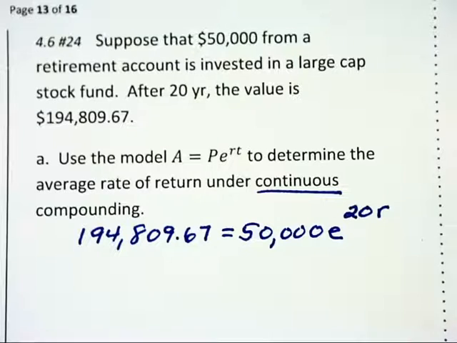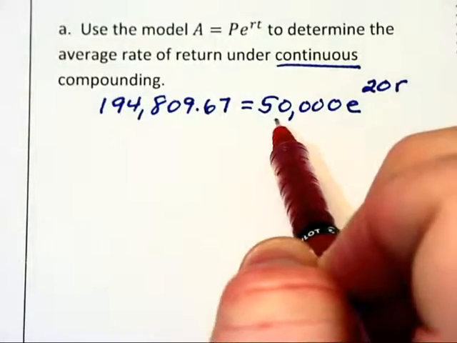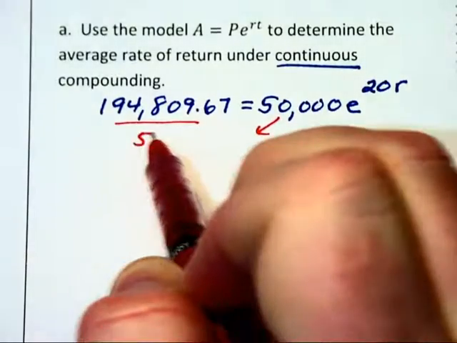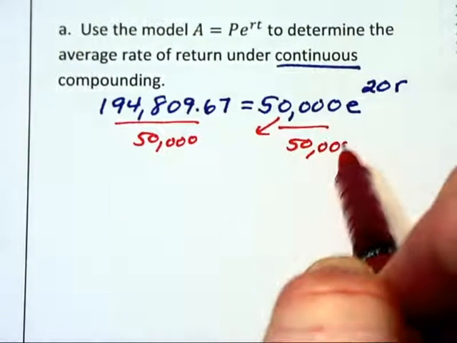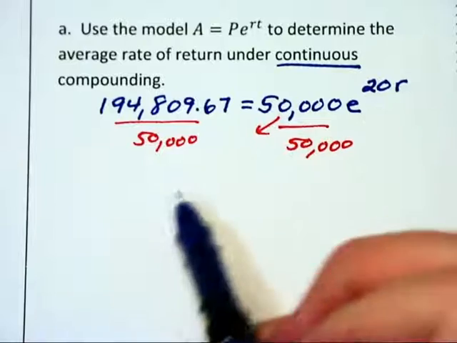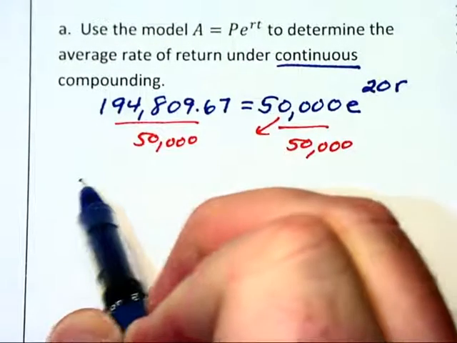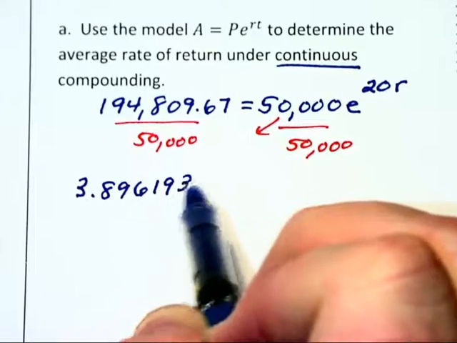The next thing we wish to do is divide off the 50,000 on each side. This will just give us the exponential term on the right. Dividing on the left, we get 3.8961934.